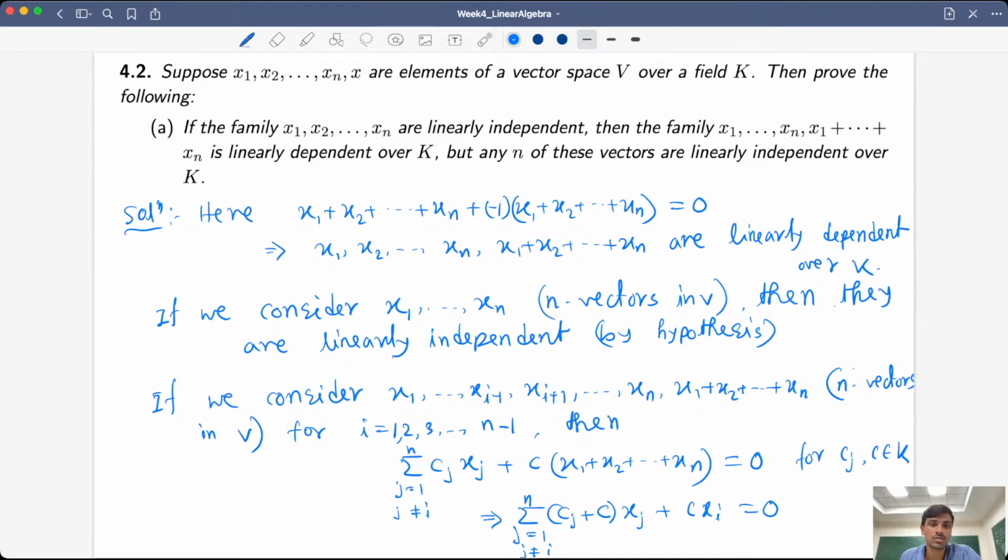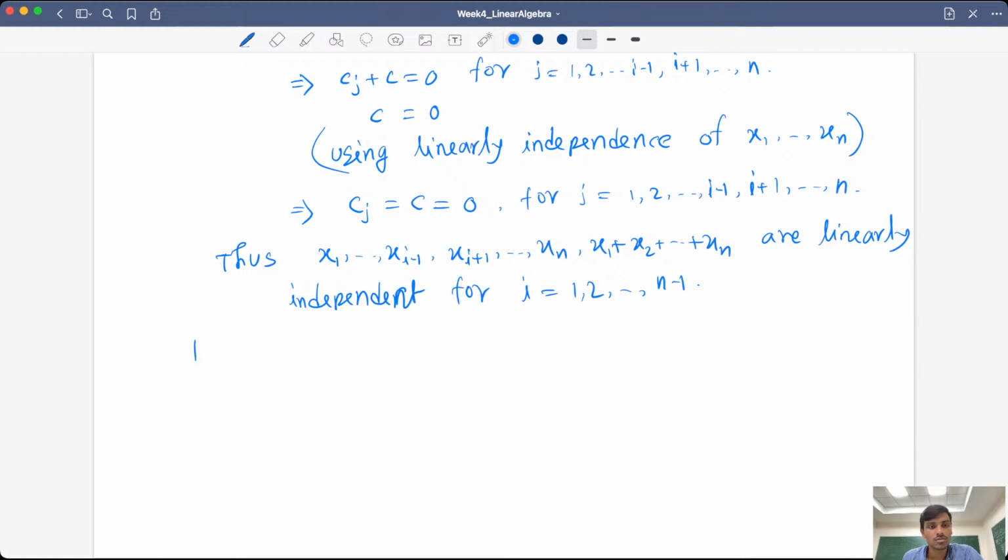So in the first case it is independent, in this case also independent, hence any n vectors of this collection x1, ..., xn, x1 plus x2 plus ... xn are linearly independent.